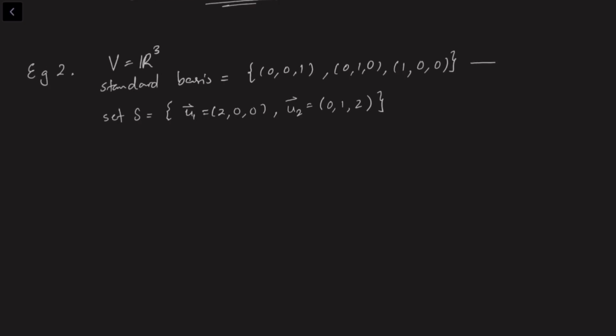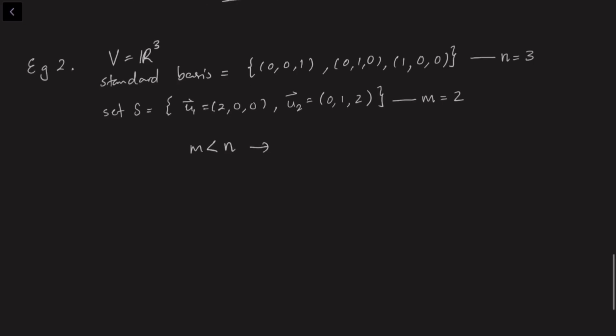We can see that the basis of the vector space has 3 vectors, and this set has 2 vectors. So the set has fewer than n vectors, and that means that S does not span V.